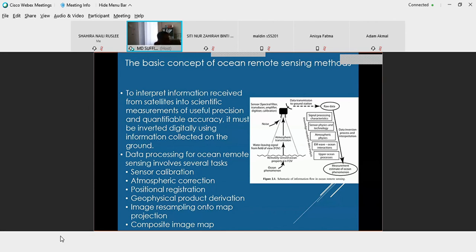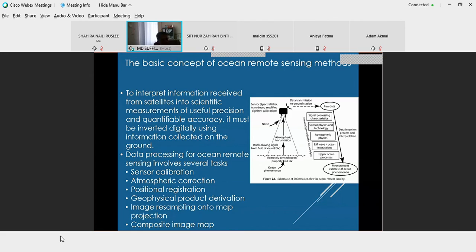Dia ada proses-proses yang perlu kena ikut lah. So kat sini saya tak cover kepada pre-launch punya proses, okay. Pre-launch punya proses, okay, biasanya dia buat lebih kepada sensor punya calibration. Okay, sebagai contoh, katakan dia nak buat multi-spectral, dia ada band-band dia. Dan setiap band tu, dia punya respon, ataupun kita panggil sebagai spectral respon tu, dia mesti accurate. Katakan you nak measure, okay, katakan daripada 400 hingga 420 nanometer wavelength. Okay.